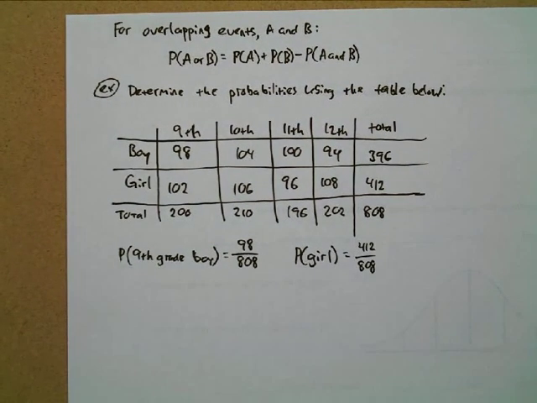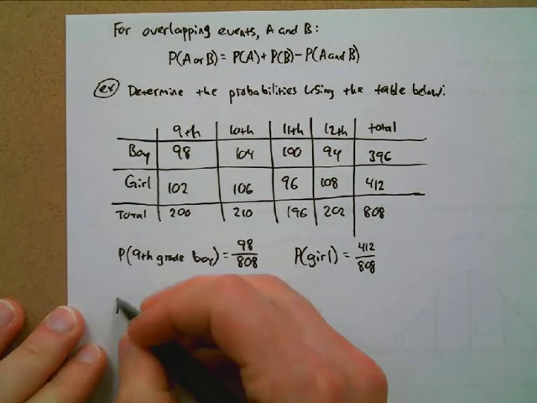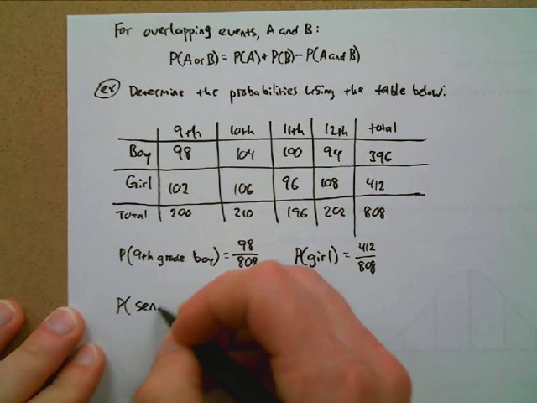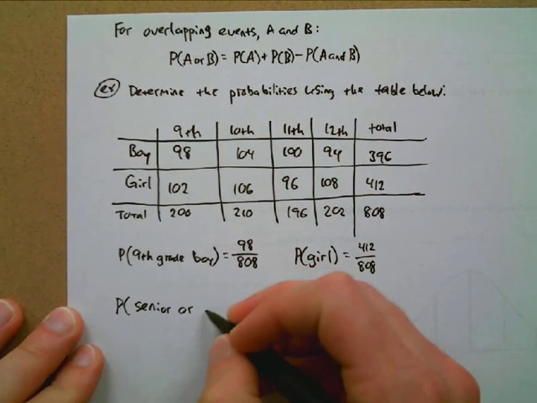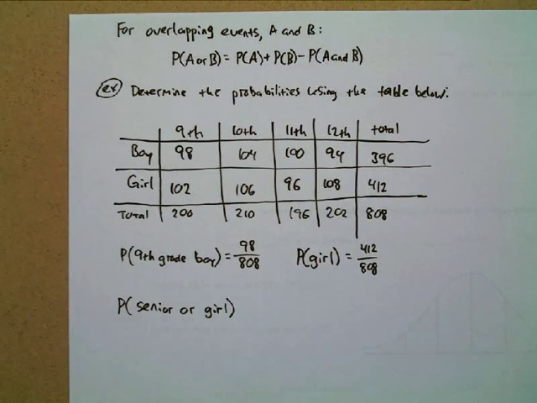What's the probability of selecting a senior or girl? Here we have this idea of two events. We kind of technically had two events with the 9th grade boys too, but it's 9th grade and boy kind of thing. For senior or girl, we have the probability of a senior or the probability of a girl. Are these events, being a senior and being a girl, mutually exclusive or do they overlap?